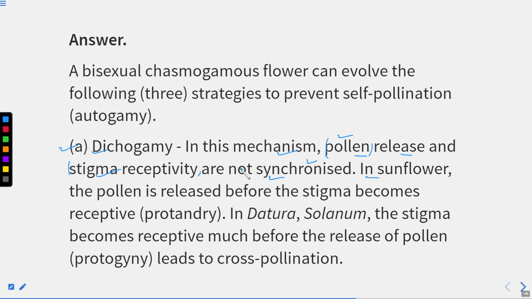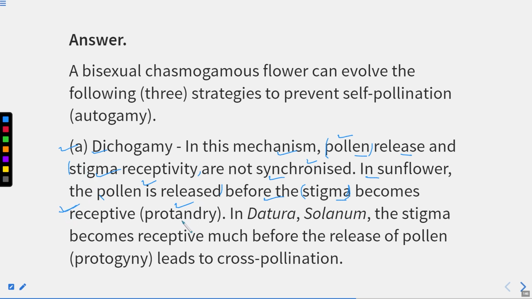For example, in sunflower, the pollen is released before the stigma becomes receptive. This is known as protandry. What is protandry? The pollen matures first and is released, but the stigma, which is part of the pistil, the female reproductive organ, is not receptive.